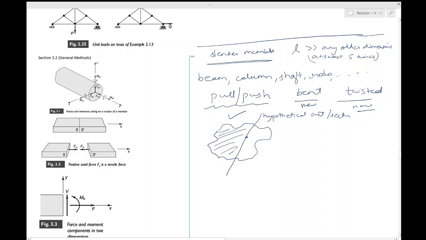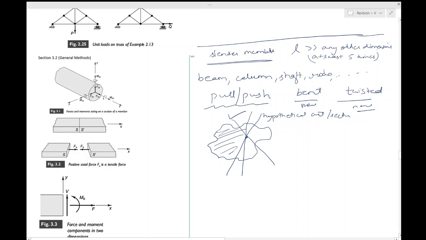This is what we'll be using for our analysis in the remainder of this course. The only thing which you should now be able to appreciate is that there are infinite possibilities of planes which you can use to hypothetically cut your solid. Okay, this is another possibility which is passing through the plane, this is another possibility, and so on.